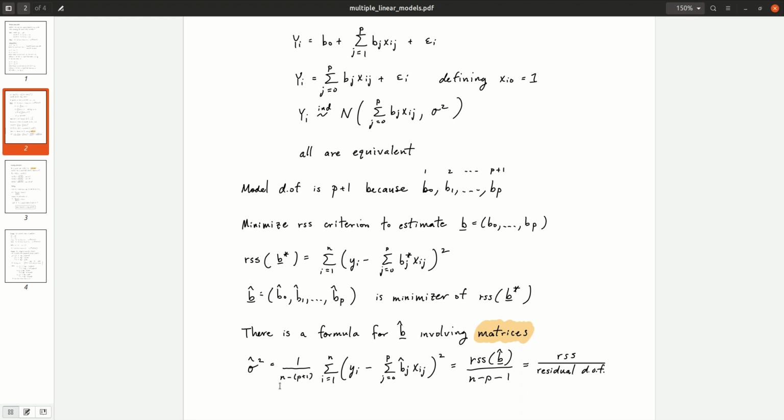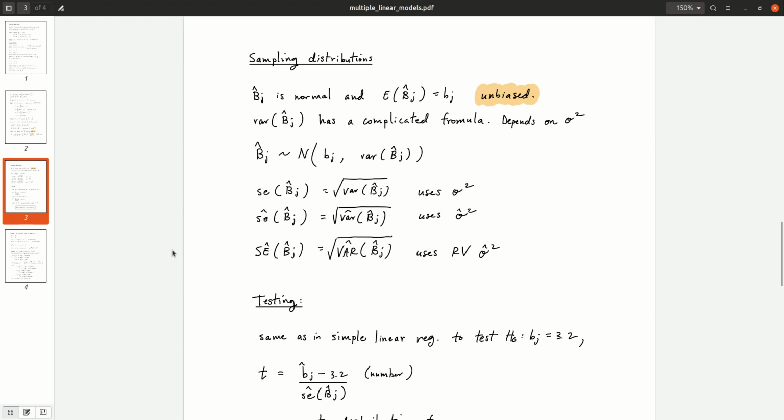Here I'm writing n minus the quantity p plus 1, and I've deliberately written it differently here because you'll see it both ways. This is n minus p minus 1. So it's RSS of b hat over n minus p minus 1. It's not correct to say n minus p plus 1. It is correct to say n minus the quantity p plus 1. And again, there's nothing new here. I take the residual sum of squares, evaluate it at the minimizer, and divide by the residual degrees of freedom, and that gives us our estimate of the variance parameter.